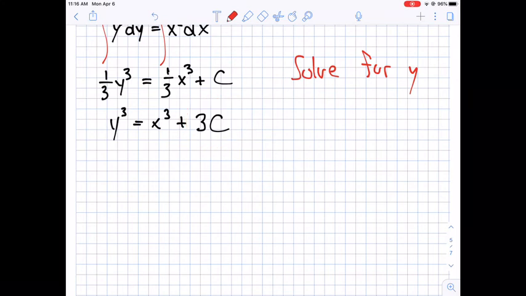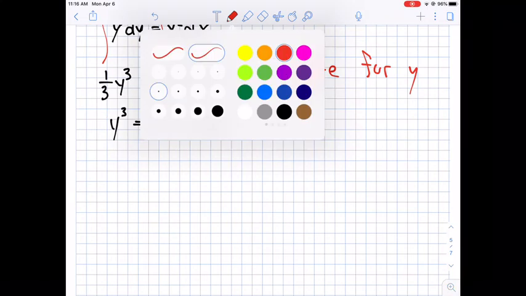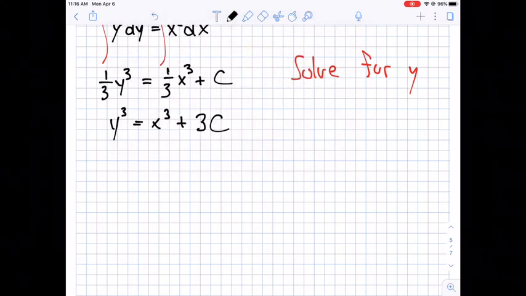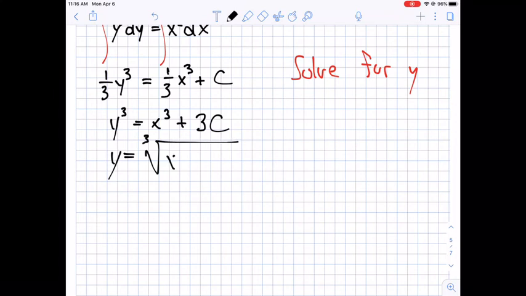So now the last thing is to finish solving for y, we're going to take the third root of both sides. We get y is equal to the third root of x to the power of 3, and this 3 times c needs to be inside the root, not outside, because we are taking the cube root of the entire right-hand side.